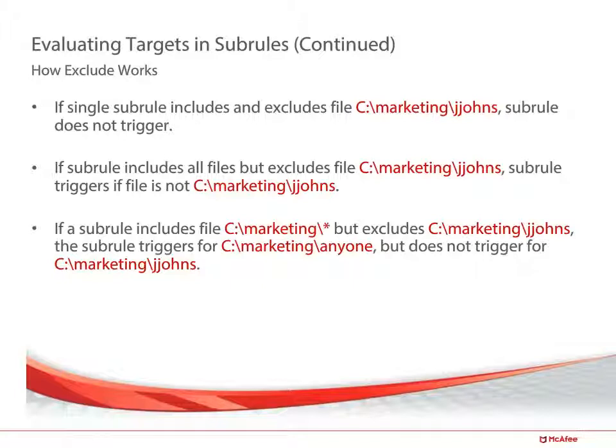If a subrule includes c:/marketing/*, but it excludes c:/marketing/jjohns, then the subrule will trigger for anyone under the marketing folder, but will not trigger for the jjohns file under the folder marketing.